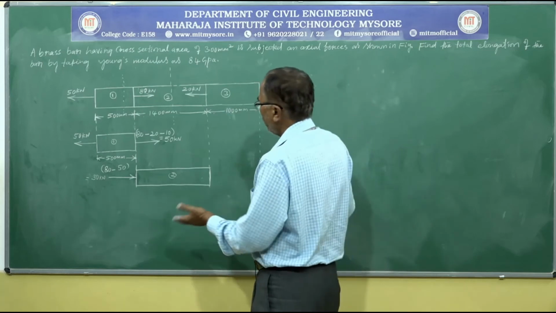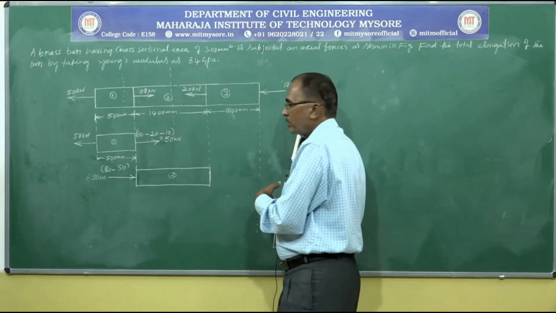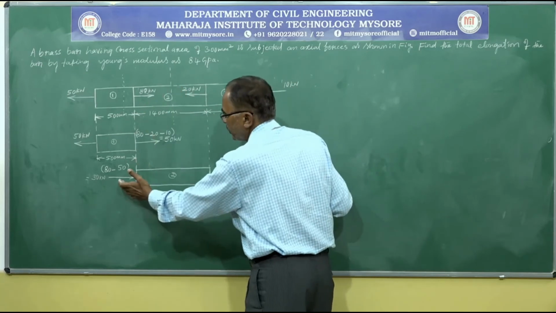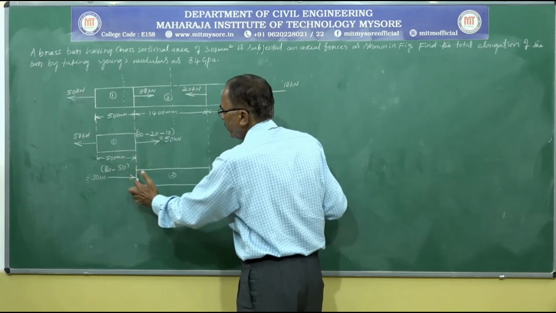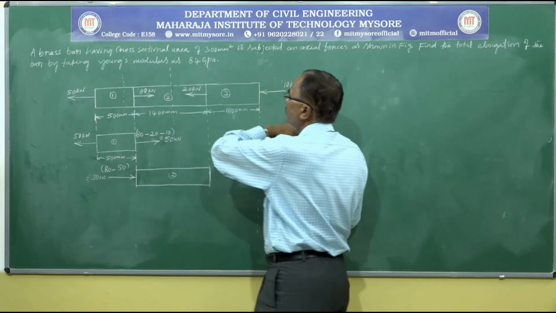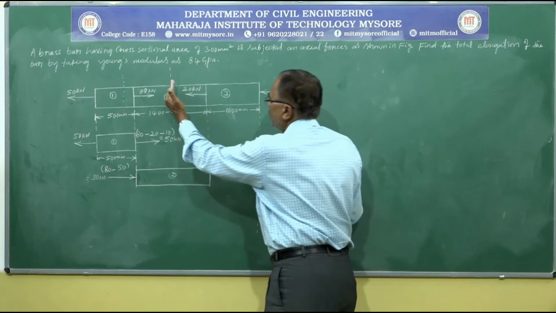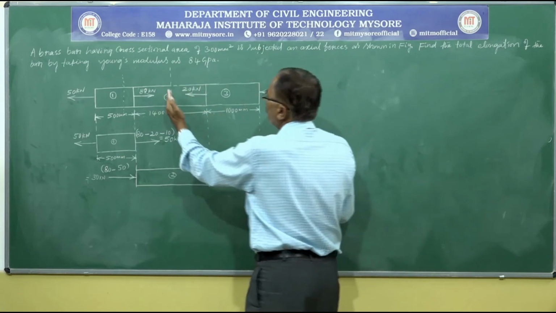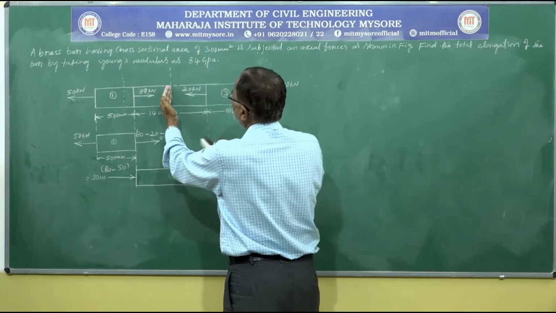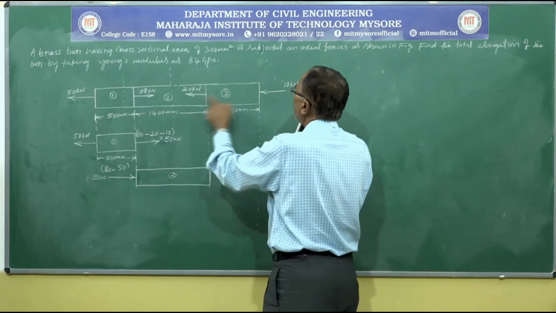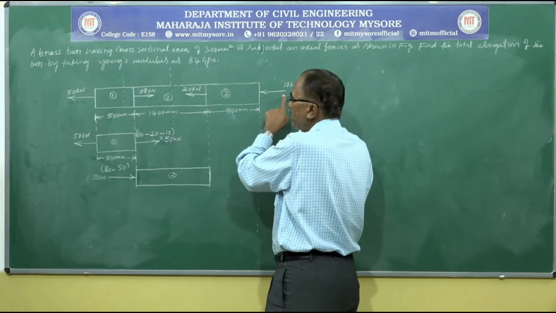Next, let us check the equilibrium condition, whether the calculation is correct or not, whether we have balanced the left hand side forces or not. That you can check by considering the forces to the right side of the section. Here to the right side of the section, again there are two forces, both acting in the leftward direction. So 20 plus 10 is 30.